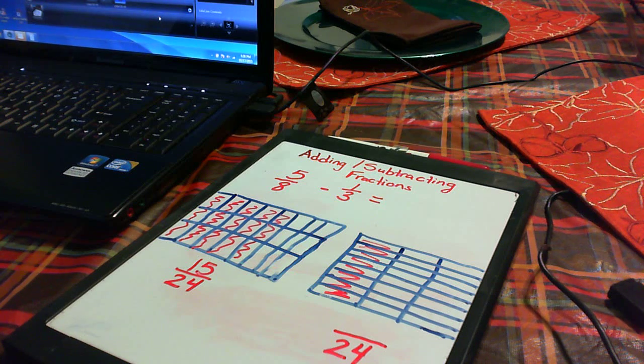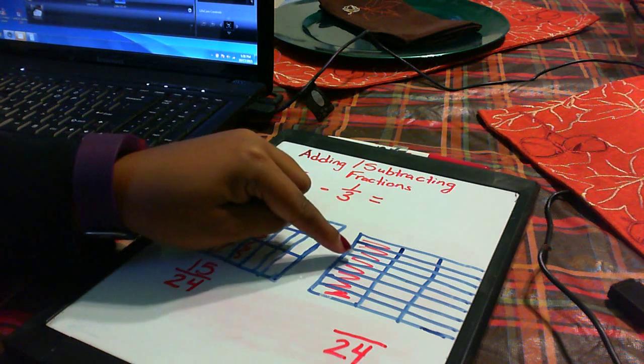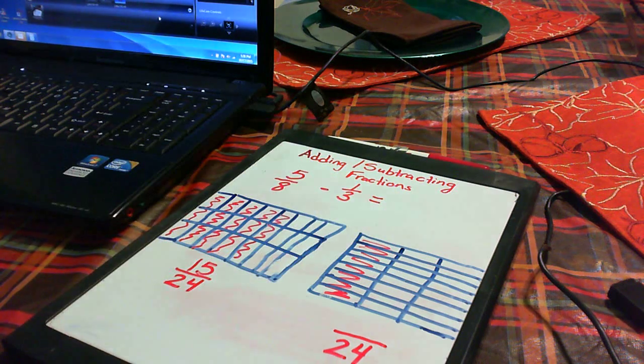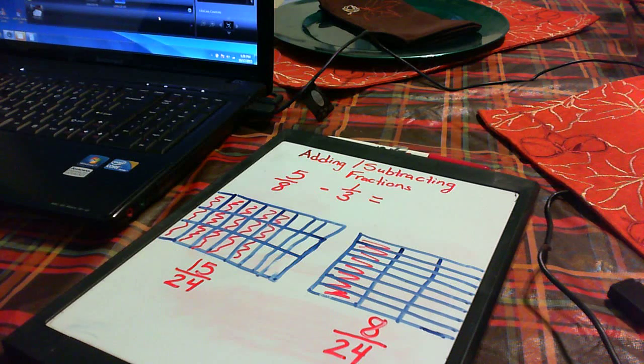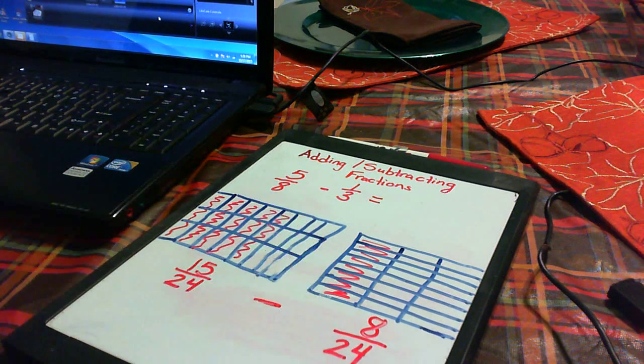Now I need to count how many of my boxes have been colored in. Well, 1, 2, 3, 4, 5, 6, 7, 8. And I'm going to write that number in my numerator. Now I'm just going to bring my subtraction sign down because we haven't actually subtracted.